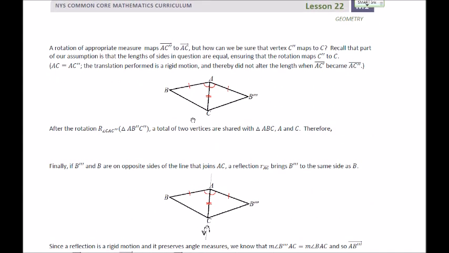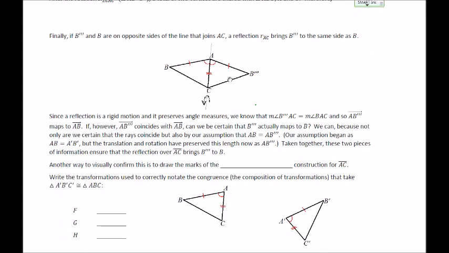And then we have a picture like this, and then we simply reflect the triangle on the right over line AC and show that they must be congruent because they map onto each other.